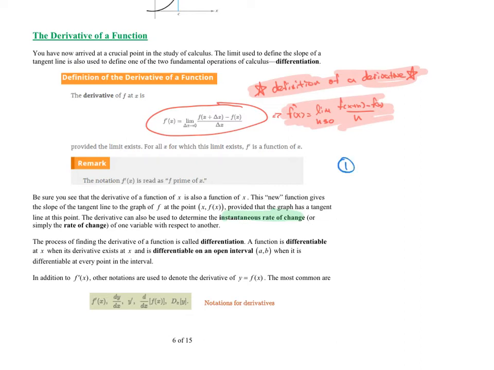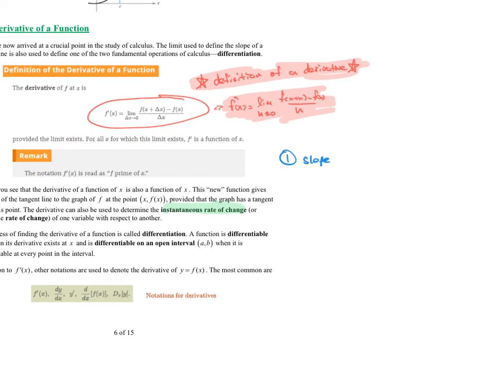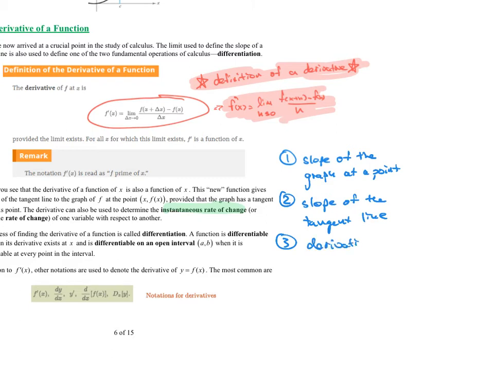So what we've got so far is, first, we have the slope of the graph at a point, is the same thing as the slope of the tangent line, which is the same thing as the derivative at a point.